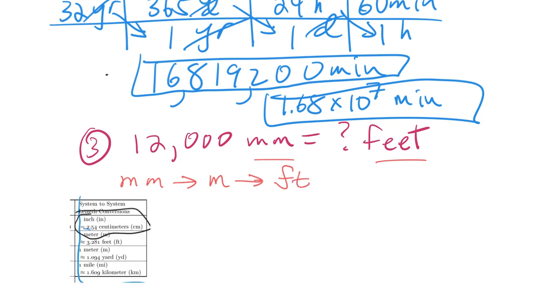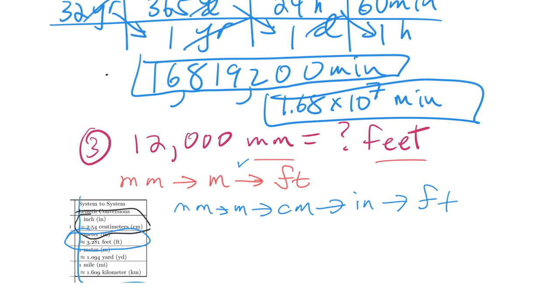Yes, you can see 1 meter is 3.281 feet. So I can go from meters to feet. Again, I could go millimeters to meters to centimeters to inches to feet, but that's time consuming. I take a shortcut.